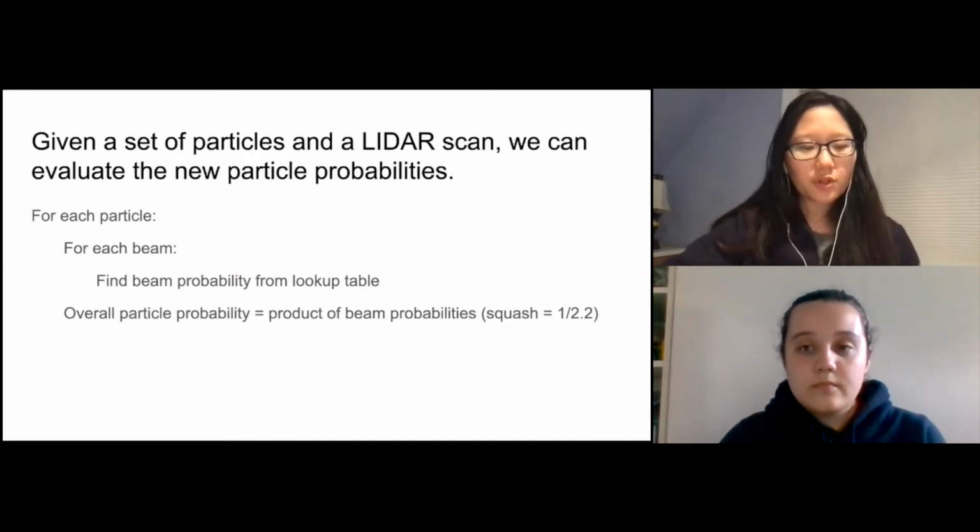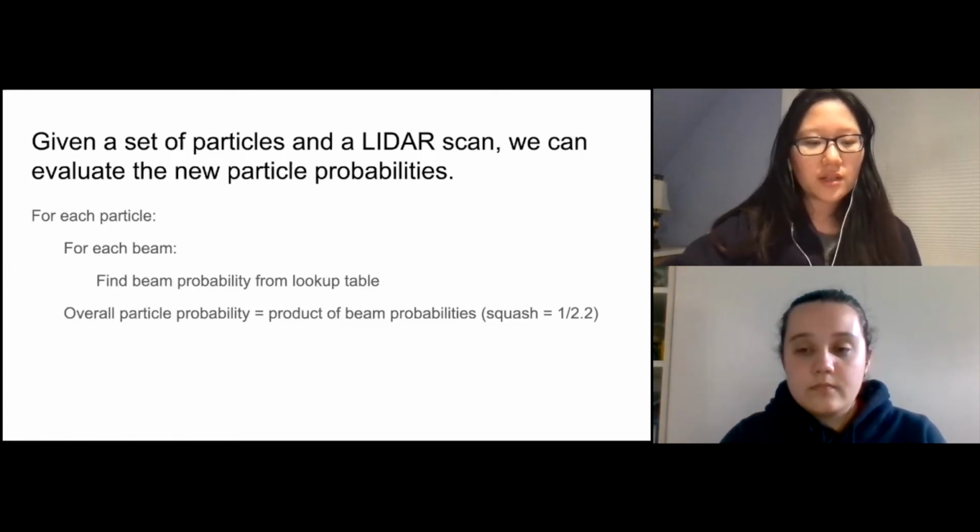The next portion is when we're evaluating, when we get a set of particles and also the LiDAR scan. We can calculate these particle probabilities by going through each particle. Then within each particle, we look through all the scans, so every beam, and we calculate this beam probability from the pre-computed table that we created before.